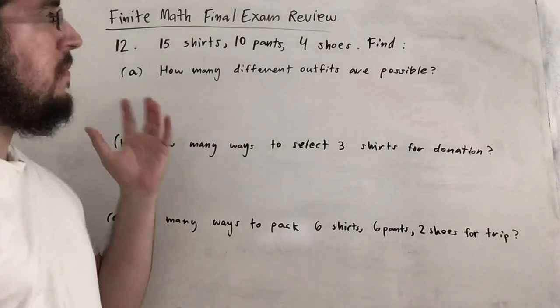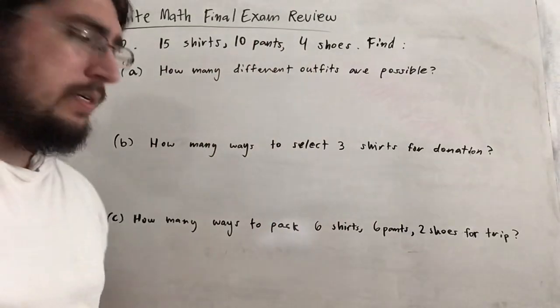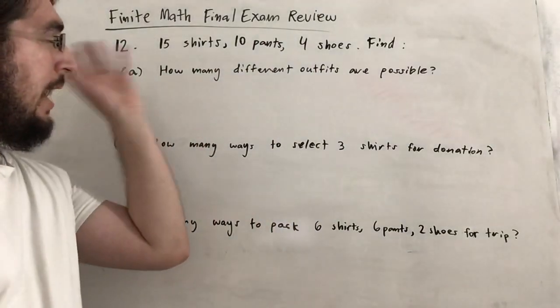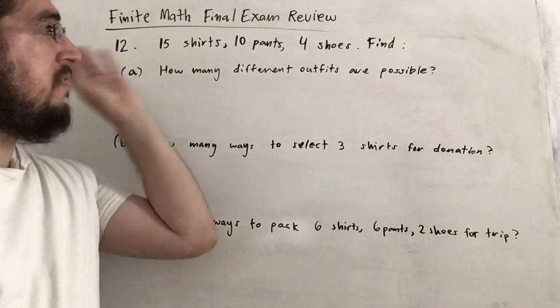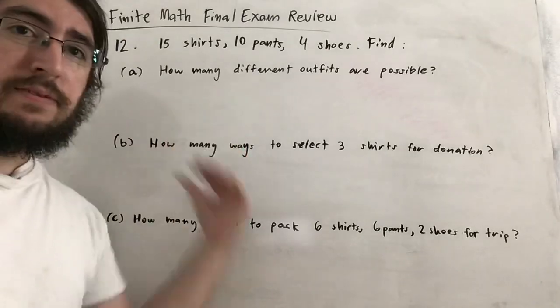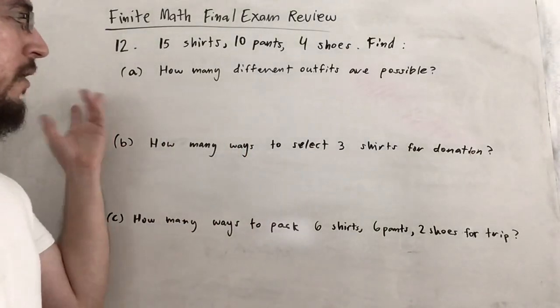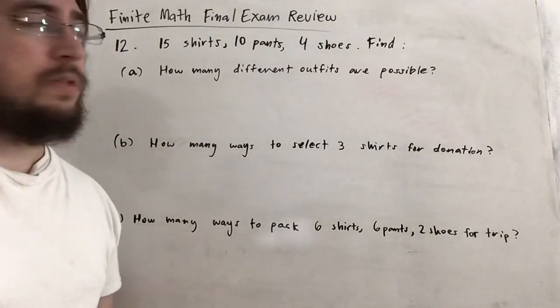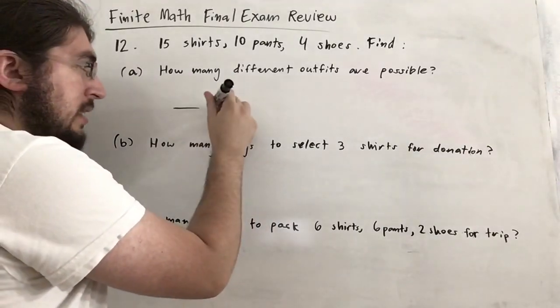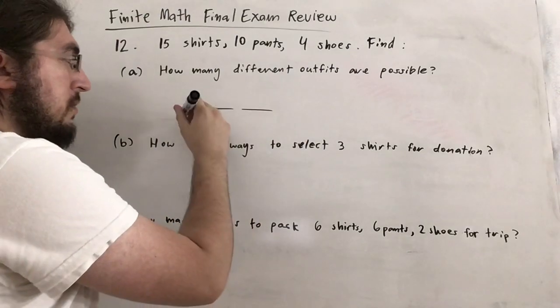So for 12, I'm not writing the whole question down in full sentence, but this is a counting problem. And it basically says that we're given that we have 15 shirts, 10 pants, and 4 pairs of shoes in a given wardrobe, and we're asked to find these following things. So part A says how many different outfits are possible. So in this case, an outfit would consist of a shirt, pants, and shoes.